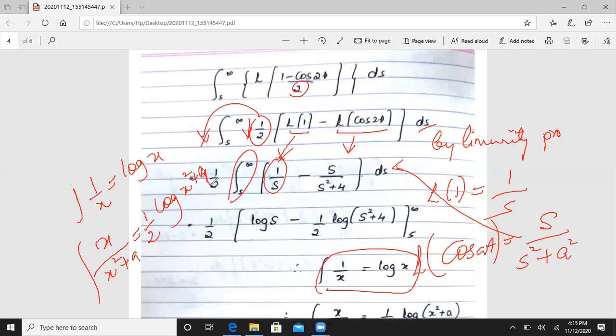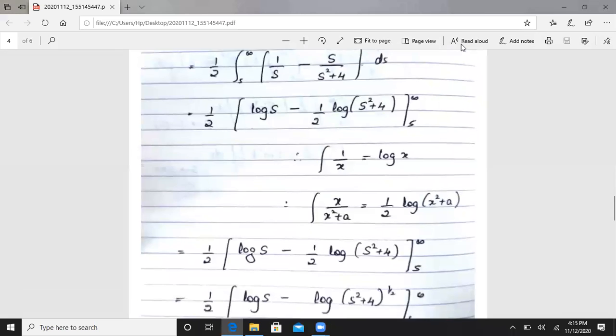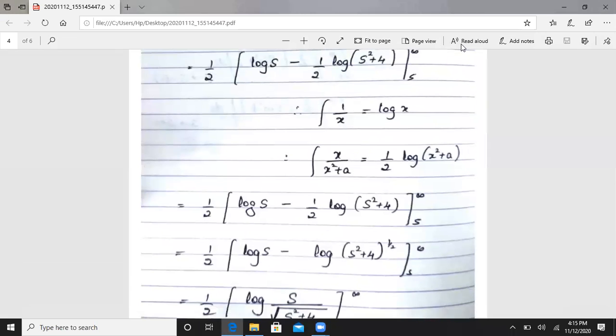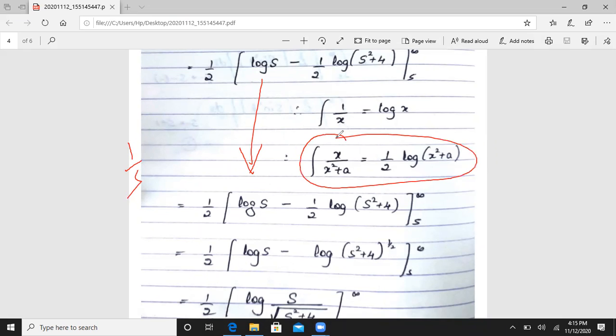This is your integration formula that you have to remember. We write this here as it is: integration of 1 divided by s gives log of s minus 1 by 2 into log of s square plus 4, where the lower limit is s and the upper limit is infinity.